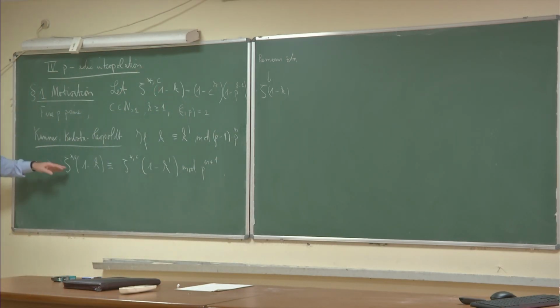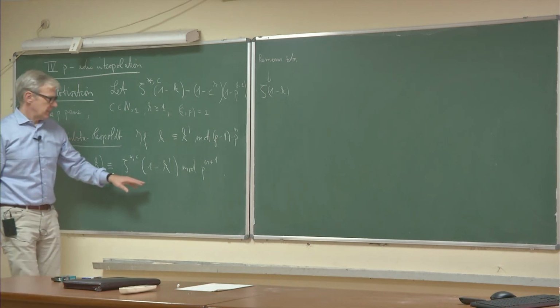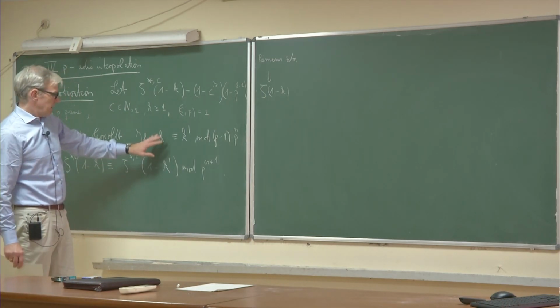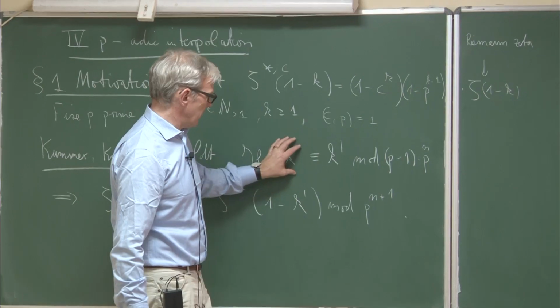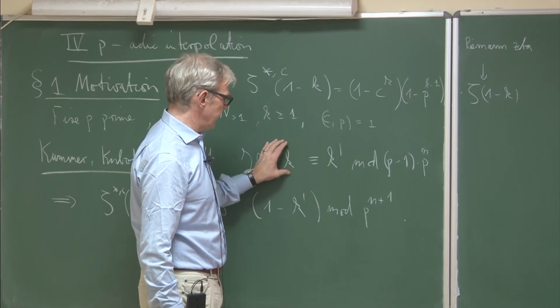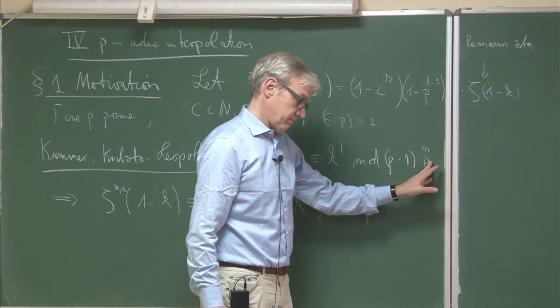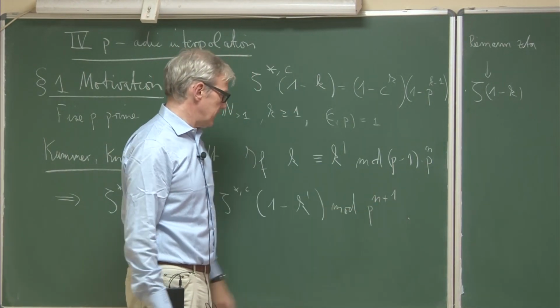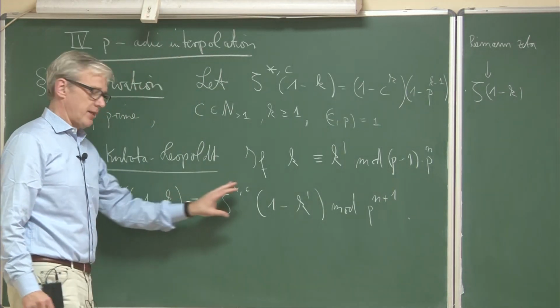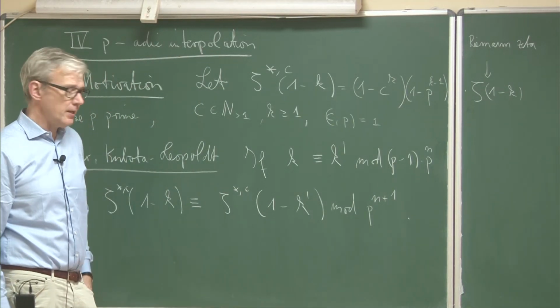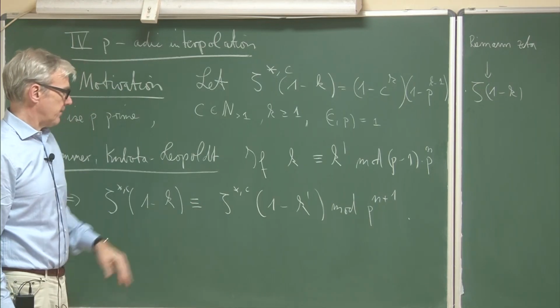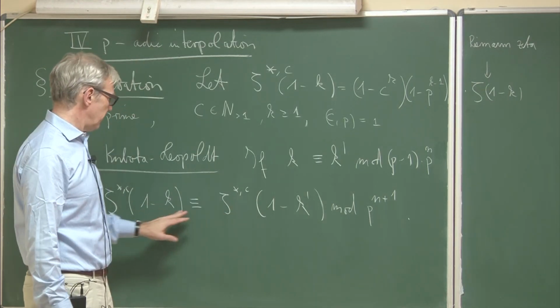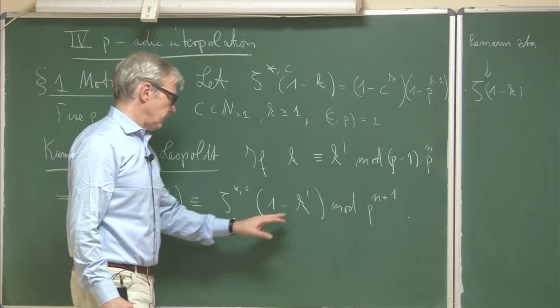So in a certain sense, that's a very surprising result, because it means that if you say two numbers are close if they are highly divisible by the prime number p, that means if k and k prime are close in this sense, also the zeta values are close in this sense. Yeah? So that's something which is quite remarkable about these zeta values.